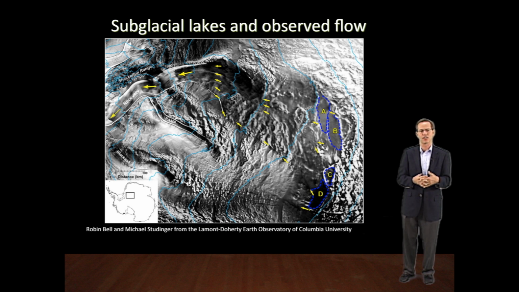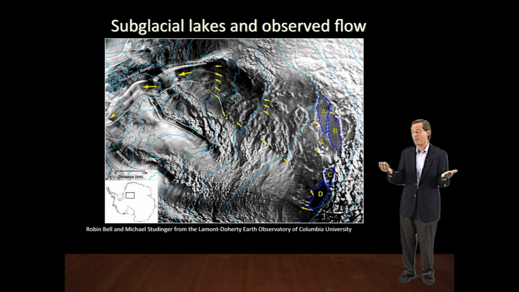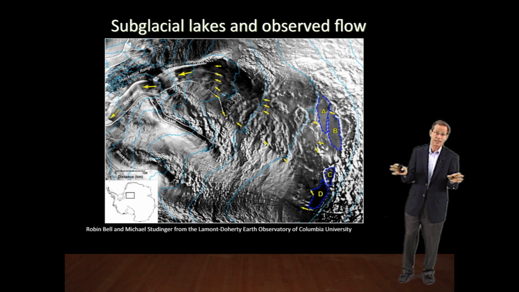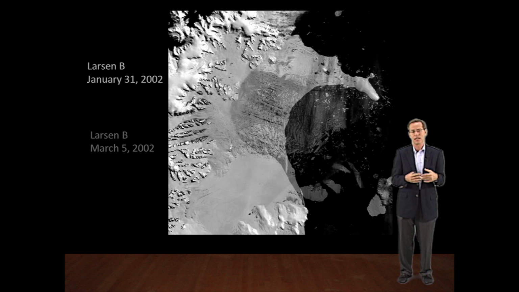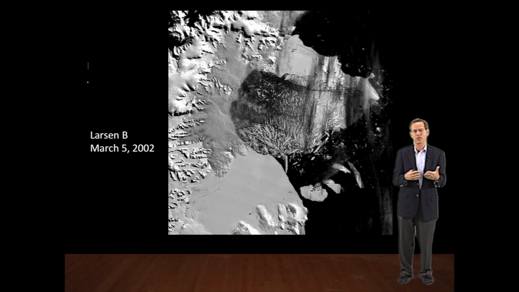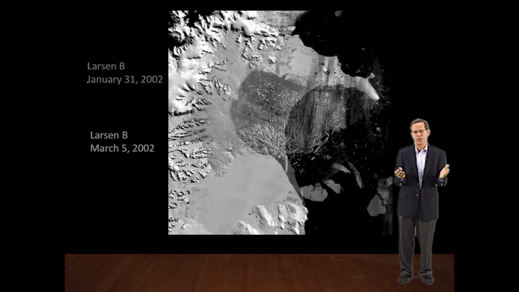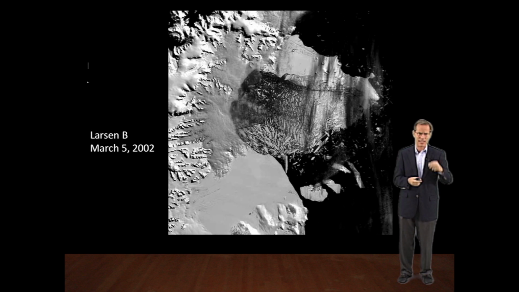This is the Larsen B ice shelf down in the Antarctic. This is another example of something that happened much quicker than we had any idea was going to happen. In the period of just a few days, we went from a very, very large ice shelf to a bunch of little pieces floating in the ocean. Let's take a look at that more closely.